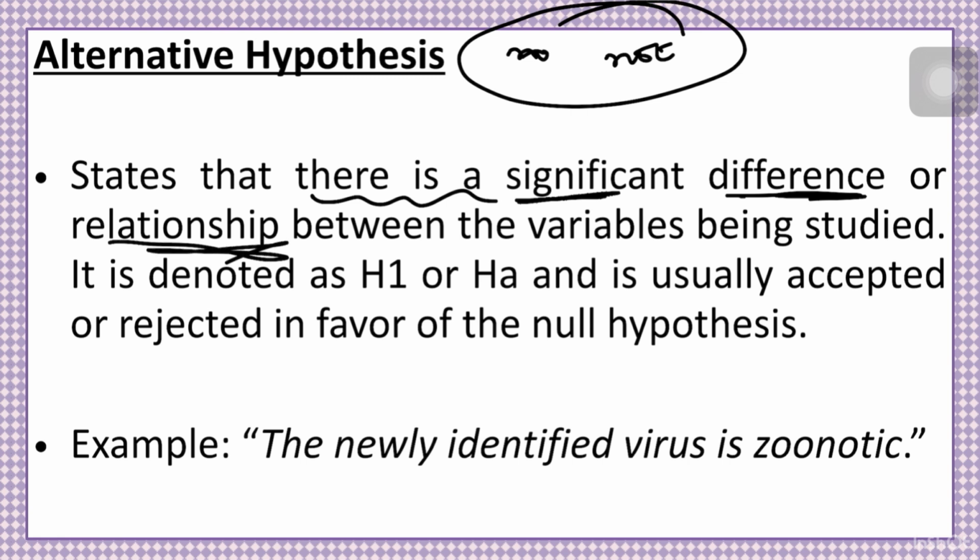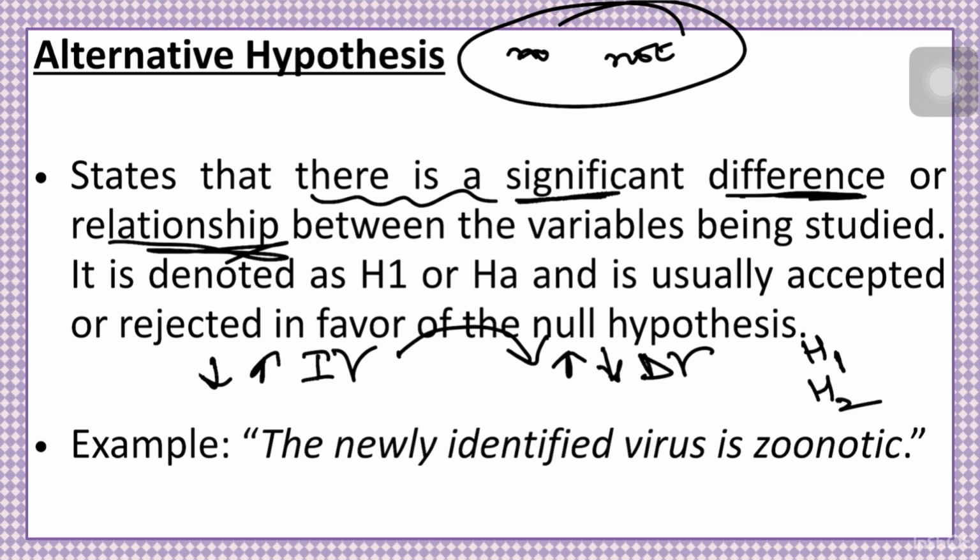If I increase or decrease my independent variable, there is going to be a significant relation in my dependent variable. These are denoted by, say, H1, H2. This is how you denote your alternate hypothesis.